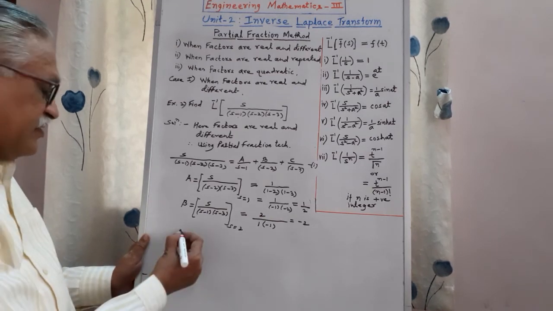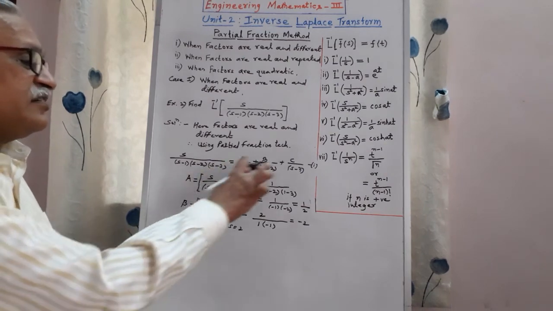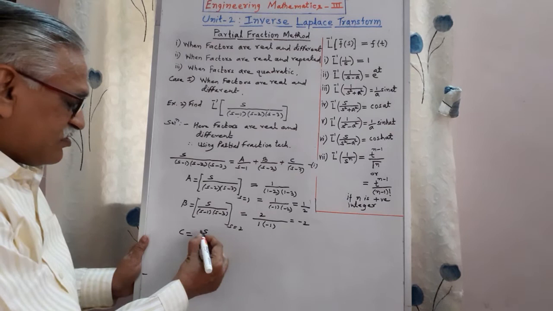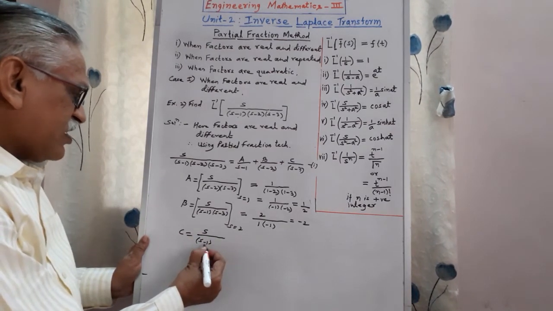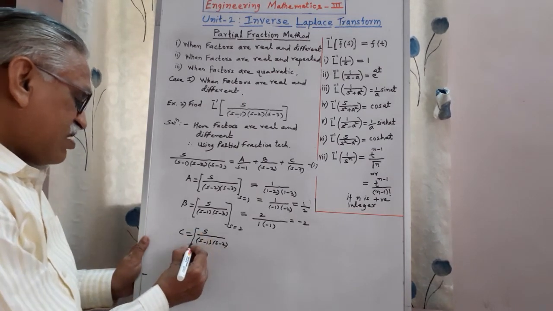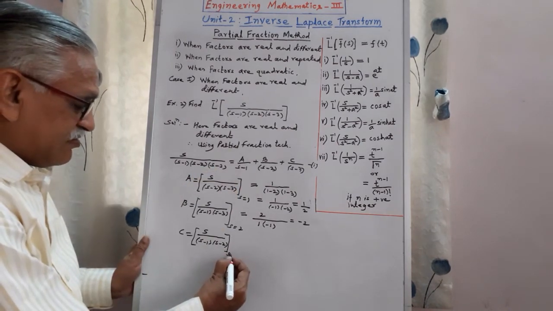Okay, and then C equals, neglecting the third factor which is below C, s upon (s minus 1)(s minus 2) at s equals 3.